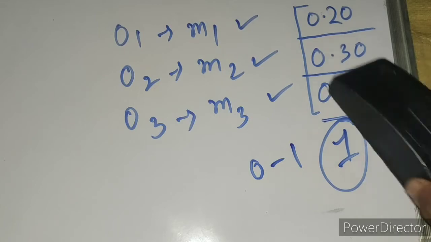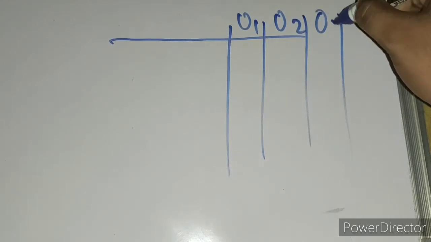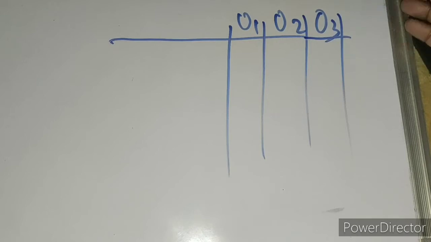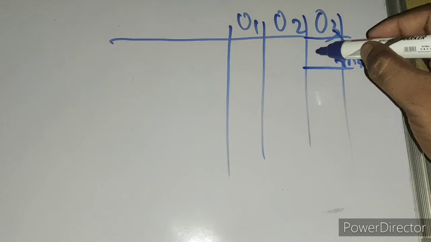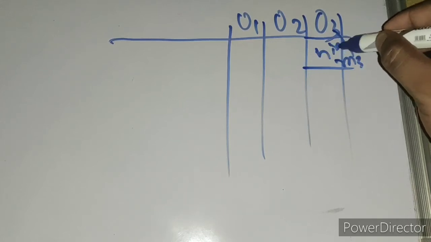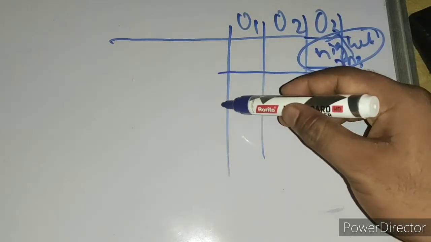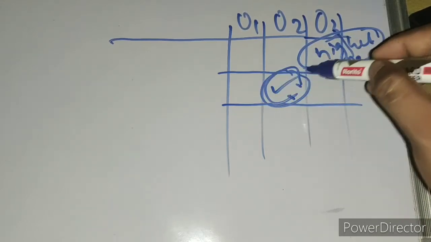So here what we can say is, if the data set is there and output 1, output 2, output 3, O1, O2, O3 is given, for the O3 output, if the probability of the M3 model is highest, then this probability will be considered. For the second line, if the probability of the O2 model is highest, then this probability will be considered.